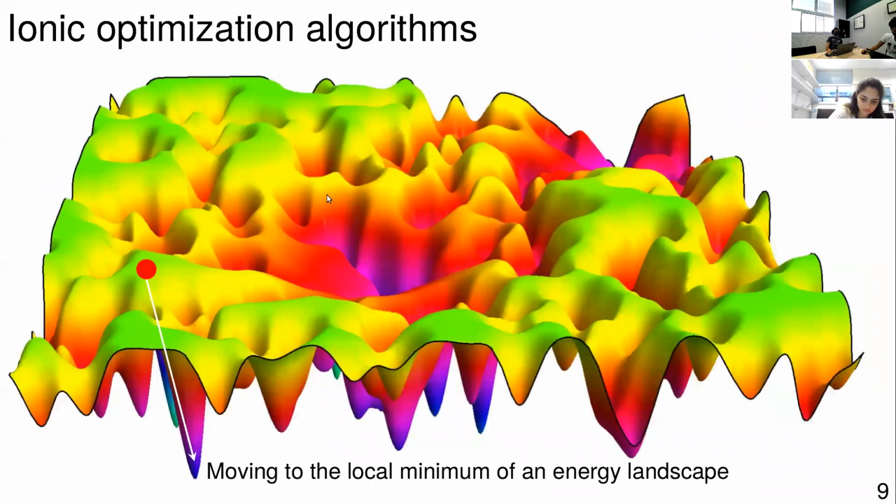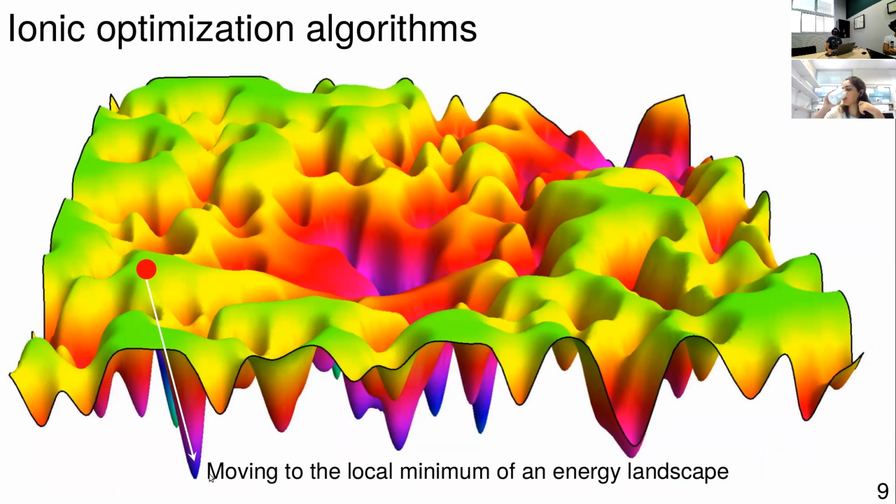The idea of all these Ibrians is to go to a local minimum of an energy landscape, okay? So you need to think that this is the space of all the positions of your atoms, in the sense that each point is a given structure. This point here will be a structure with the atoms a bit different, this point here, the same structure with the atoms still a bit different, and so on.